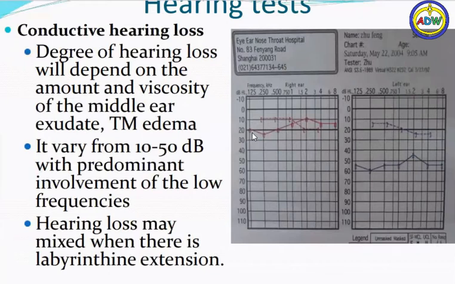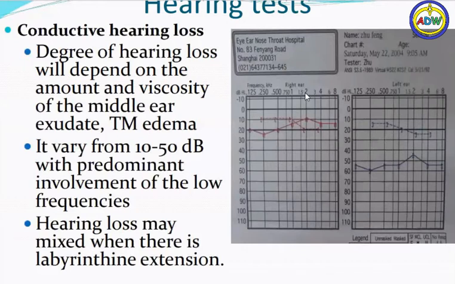If you know conductive hearing loss is present, it means that ABC test, Weber's test. Of course, first one, we perform the Rinne test, when we compare between the air and the bone conductions.